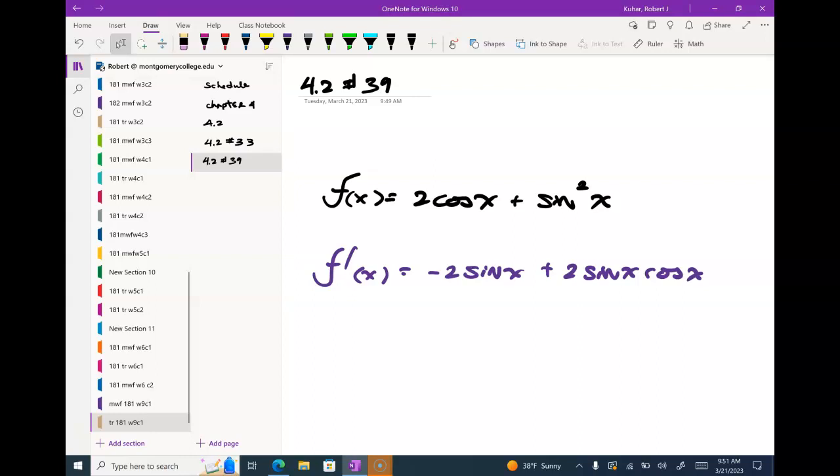I do see an identity there on the right, but because I'm back in my pre-cal class, I know when I'm solving trig equations, I want to factor if I can. And so I can factor out a negative 2 sine x. And what's left is 1 minus cos x. Agreed?